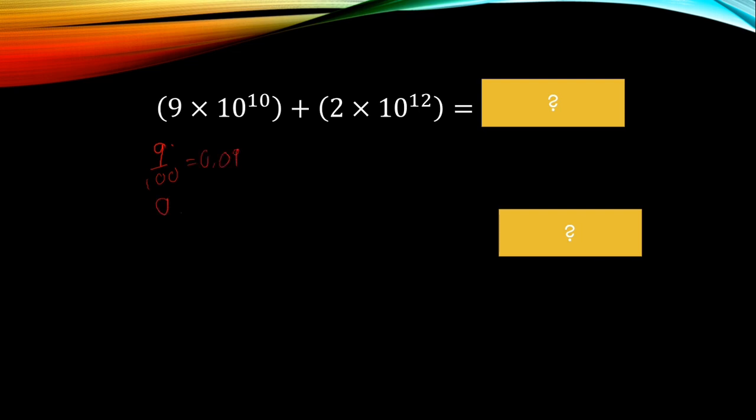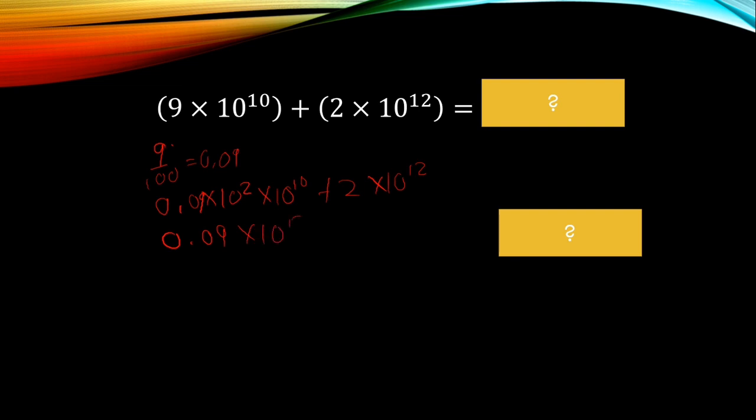So 9 can be divided by 100 to get 0.09. So we can say 0.09 times 10 to the power 2, because 9 can be rewritten as 0.09 times 10 to the power 2, times 10 to the power 10.